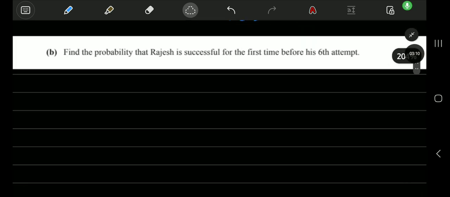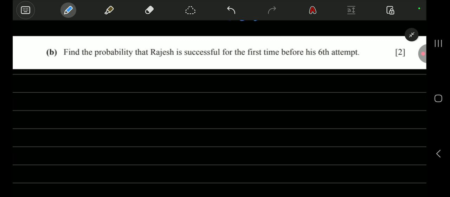Now part B. Part B says find the probability that Rajesh is successful for the first time before his 6th attempt. Okay, so what is this type of question? Again they are talking about being successful for the first time, so it's the same thing, a geometric distribution question.